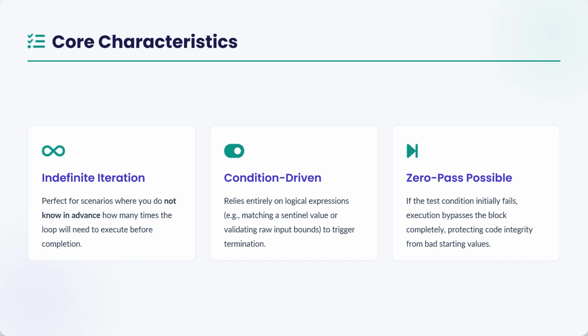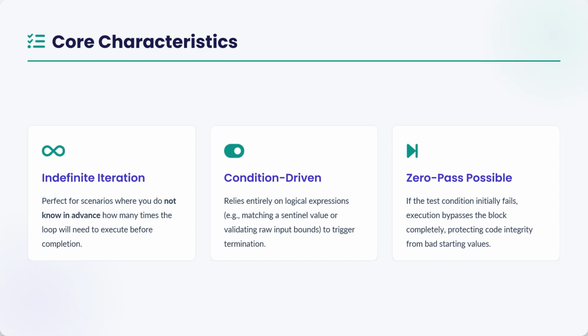So in the conditions where we do not know how many times the loop is going to run, but it will entirely depend upon the condition that is specified for the exit, then we will use the while loop. Secondly, it is condition driven, as I already mentioned earlier, and this condition is mostly represented using logical expressions or relational expressions.